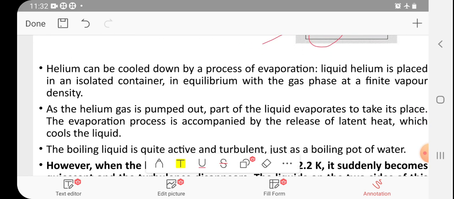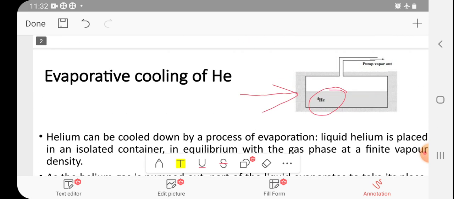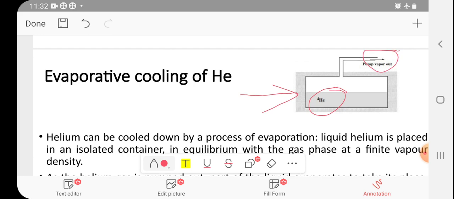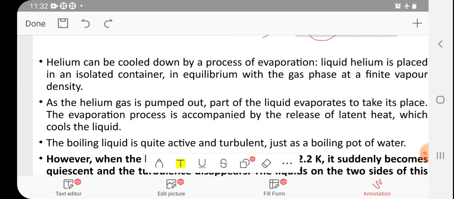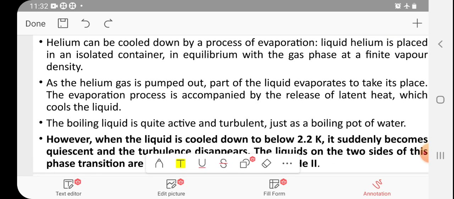As the helium gas is pumped out through this pipeline, part of the liquid evaporates to take its place.